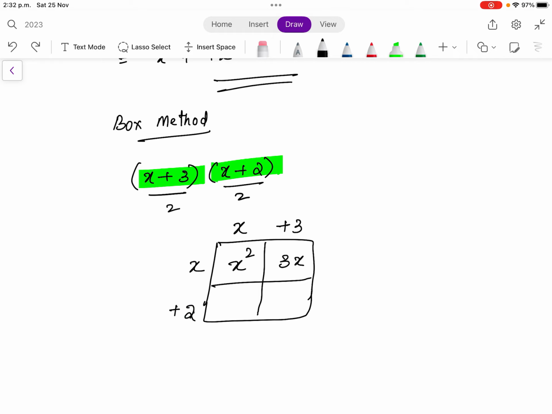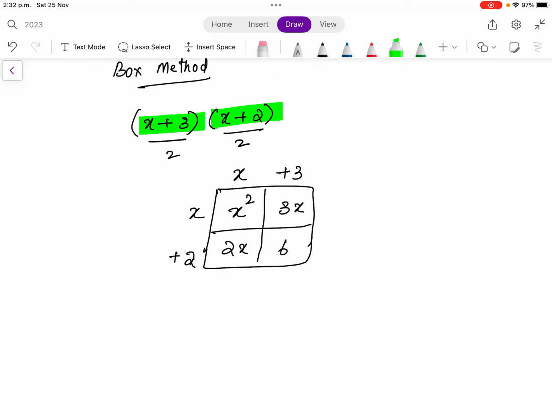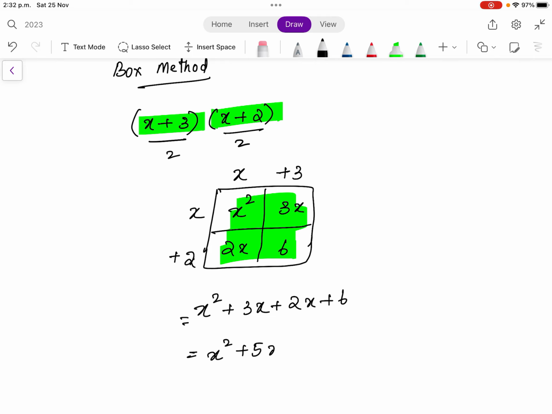That is 2x, and then I multiply the other two and write here 6. Then I take all of this and add it together. So that is x square plus 3x plus 2x plus 6, and then I simplify the like terms. So it is x square plus 5x plus 6.